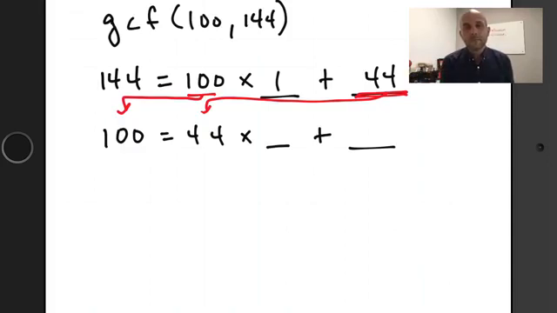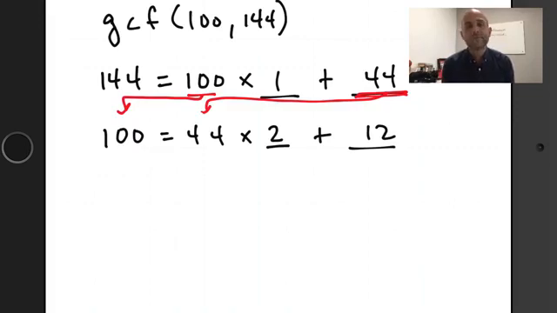So multiples of 44, not so bad. 44 doubled is 88. Okay. And the difference between 100 and 88 is 12. So I know if I add another 44, that's going to be too much. So I'm not going to bother with that. And that difference is helpful to me because that's what goes there. And just take a second and ask yourself, is that true?